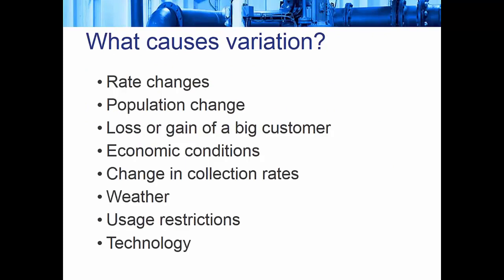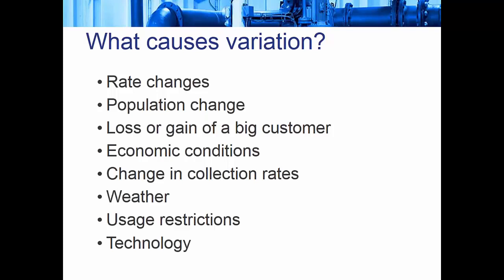And you've got to be cognizant of the types of factors that could cause variation in your assumption. I just mentioned rate changes. Typically, we find as your rates go up, usage goes down. The term for that is price elasticity of demand. And so, as rates go up, usage is going to go down, not a one-for-one ratio, but it's going to go down a little bit.